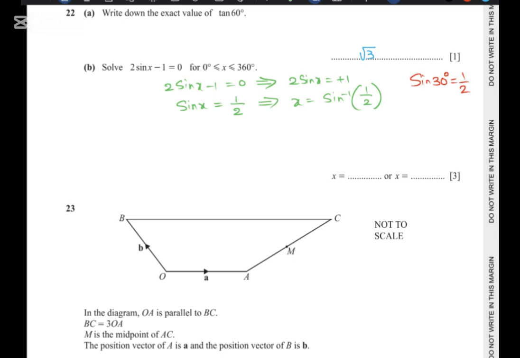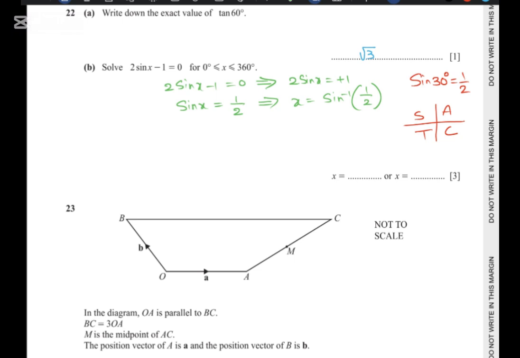So now find it using the All Students Take Calculus rule. For sine, the positive quadrants are the first quadrant and the second quadrant. The other two will be negative. We need a positive value here because half is positive.